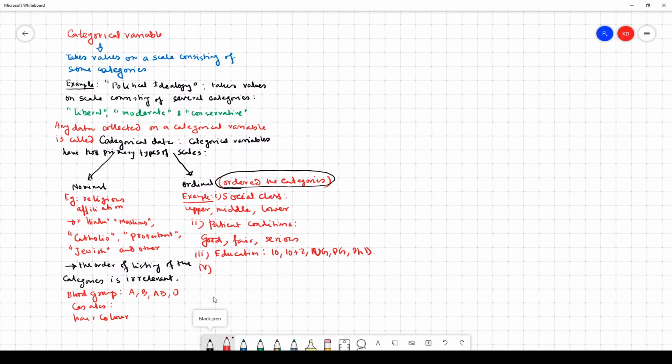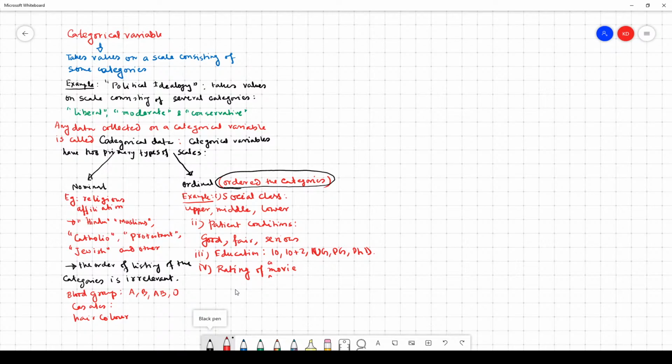I think it is better to write rating of movies as poor, medium, and good, or please define 1, 2, 3, 4, 5. So it is also a categorical, an ordinal variable.